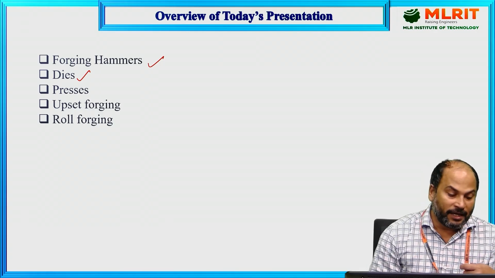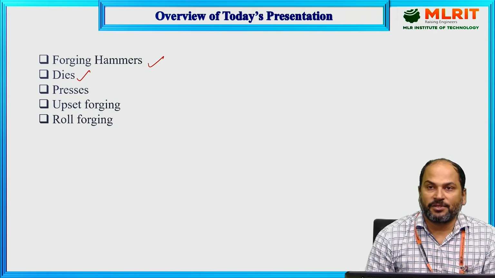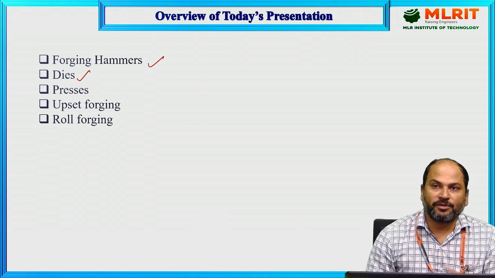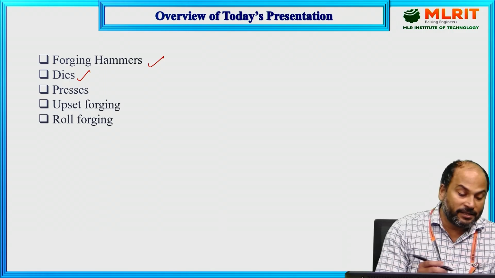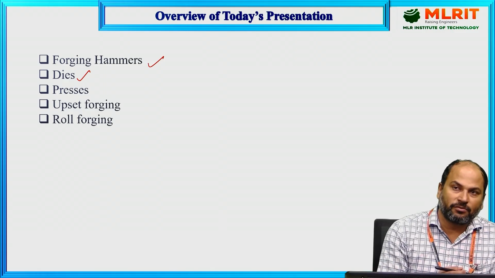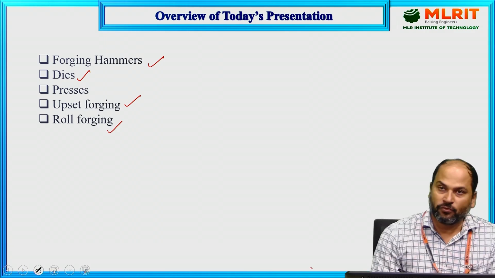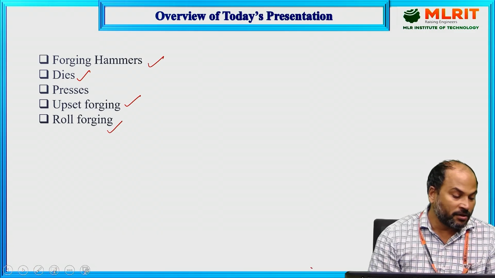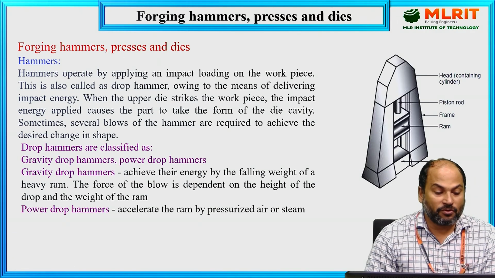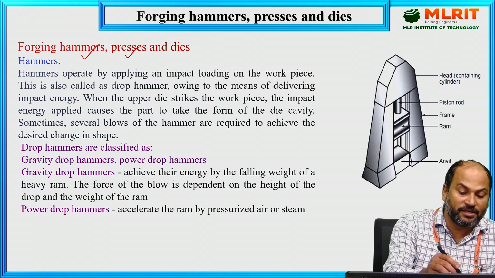Then we'll discuss the presses: if we have to apply the forces gradually, then presses will be used, and different types of presses we are going to discuss. Then two more forging operations: offset forging and roll forging. So forging hammers, then presses and dies.